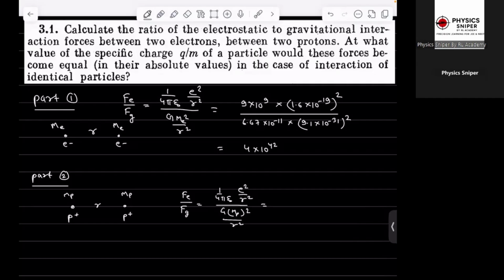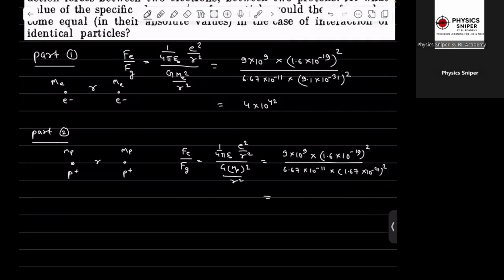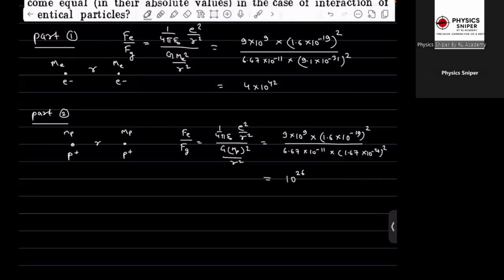So if we solve this, then 9 into 10 raised to 9 into 1.6 10 raised to minus 19 whole square whole divided by 6.67 into 10 raised to minus 11, and here we have mass of proton which is 1.67 10 raised to minus 27 kilogram whole square. So this should be the value which comes close to approximately 10 raised to 26. I have already calculated this. Okay, so you can calculate this.